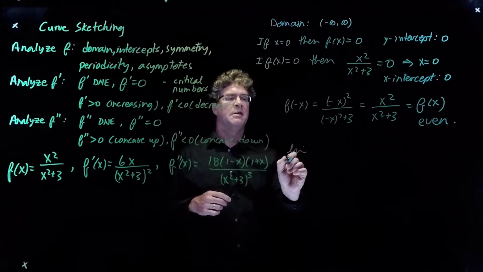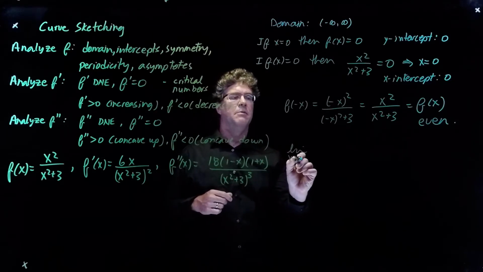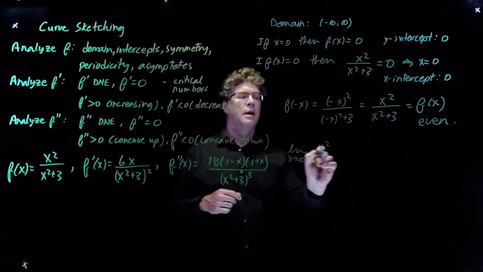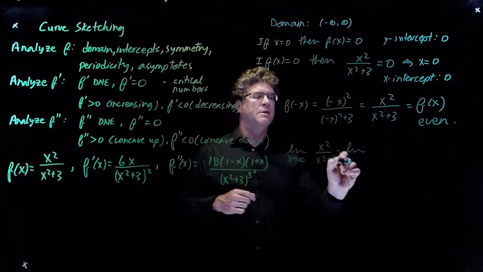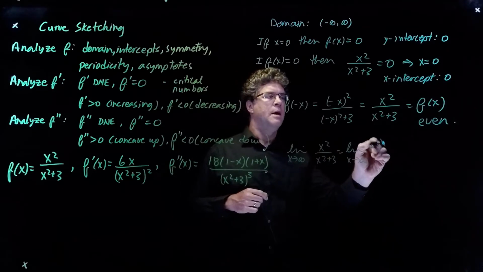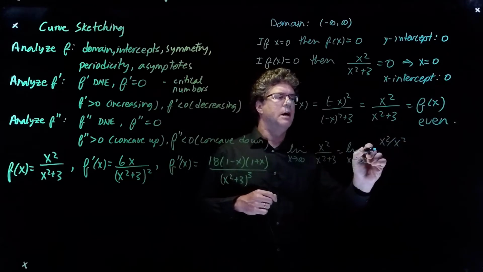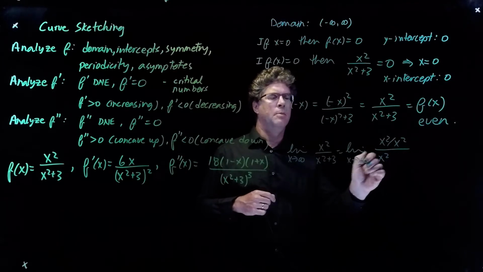The limit as x goes to infinity of x squared over x squared plus 3 is equal to the limit as x goes to infinity, and now we're going to divide the top and the bottom by the highest power.